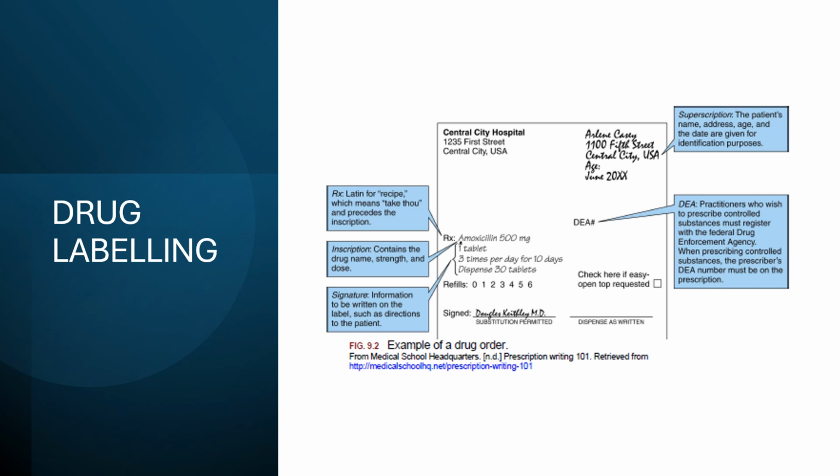Healthcare providers who wish to prescribe controlled drugs must register with the U.S. Federal Drug Enforcement Agency. When prescribing controlled substances, the healthcare provider's DEA number must be on the prescription.